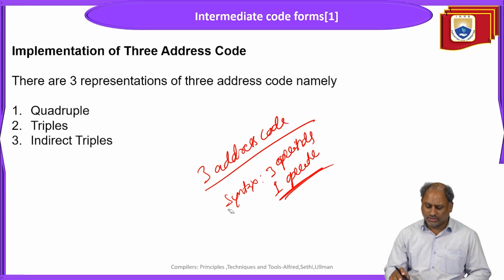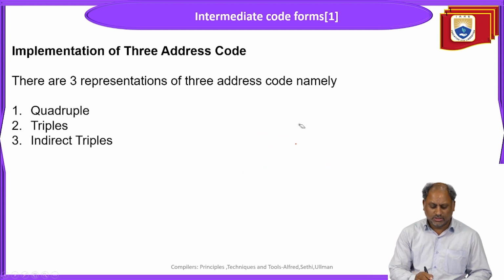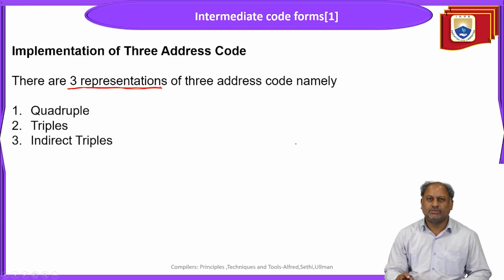Now we will see what the three representations are. There are three representations to represent this three address code. The actual syntax requires one operator and at most three operands. The first one is quadruple notation, the second one is triple representation, and the third one is indirect triple representation.